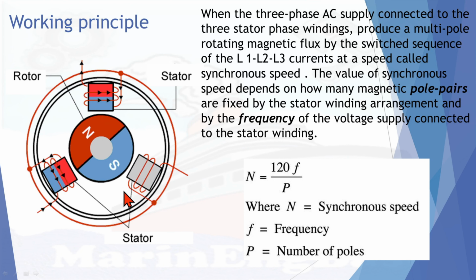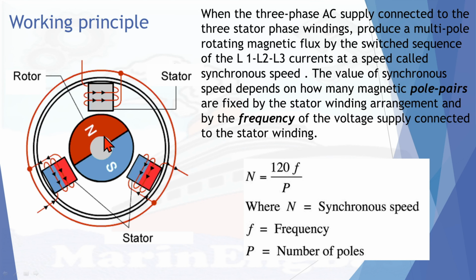But we have to keep in mind that this rotating magnetic field has a speed. We call it the synchronous speed, which is equal to 120 times the supply frequency divided by the number of poles. In a normal induction motor, the rotor always runs at a slower speed with a slip.